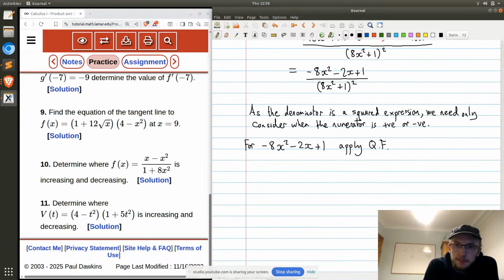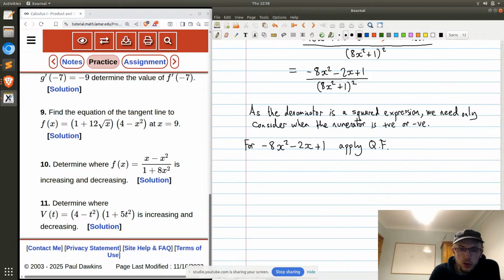Fraction button, minus b, so minus 2 plus square root of b squared minus 4 times minus 8 times c all over 2 times minus 8.